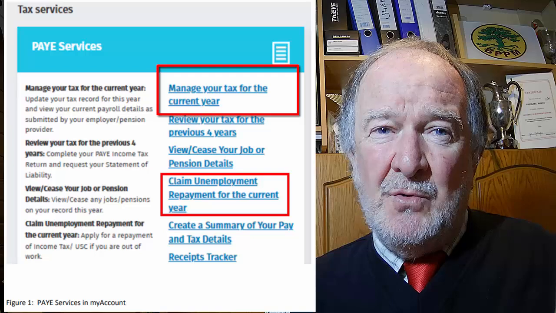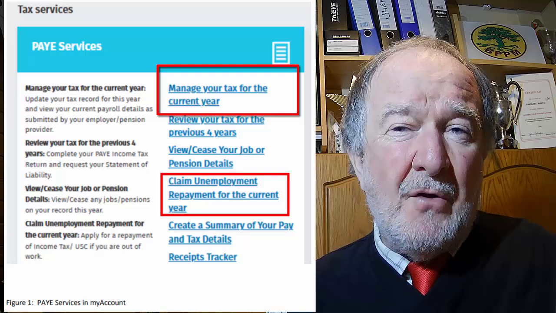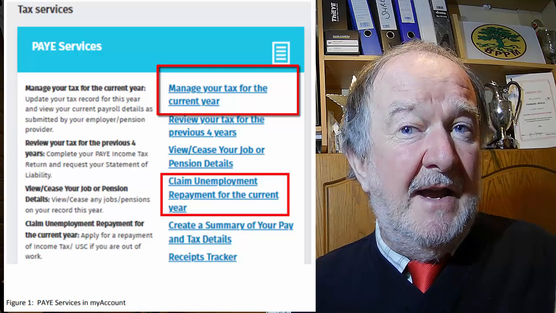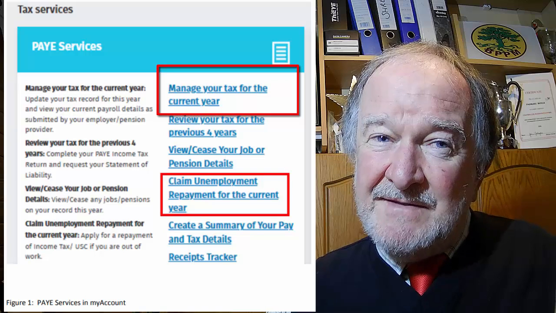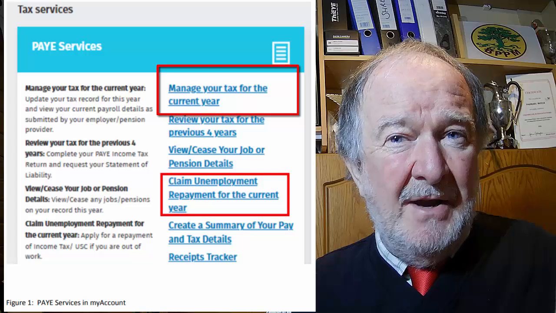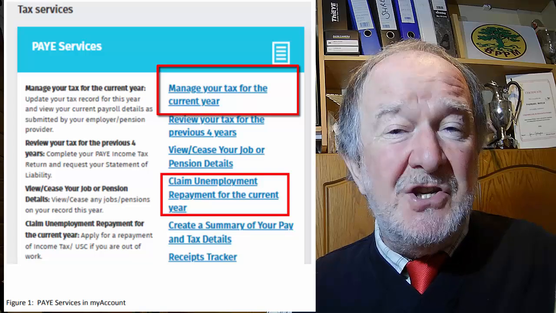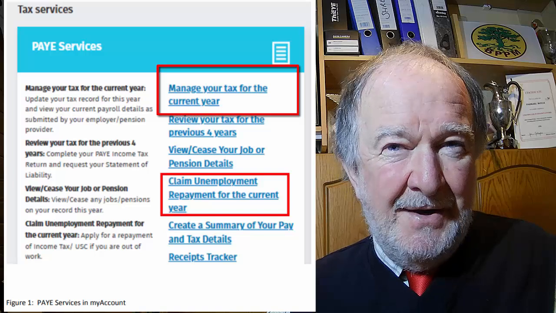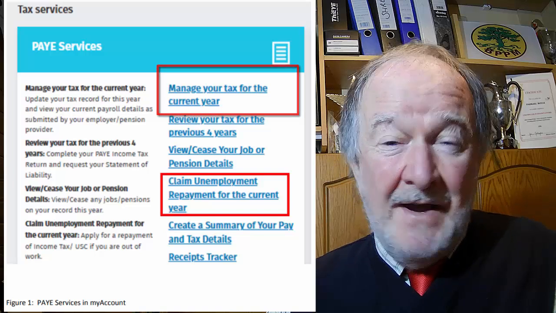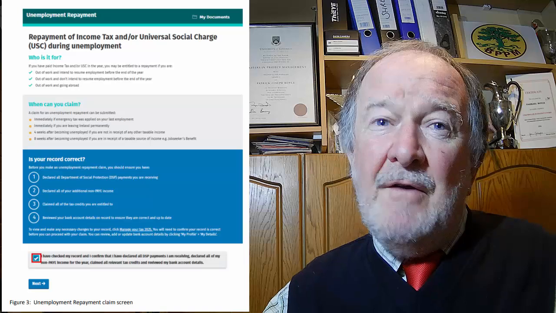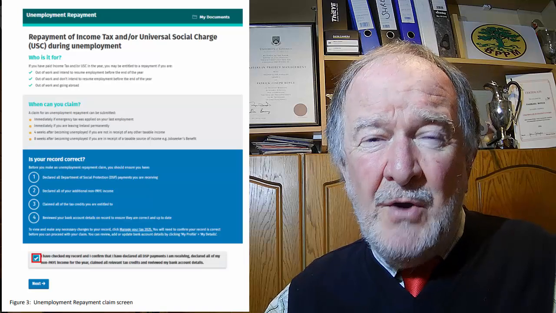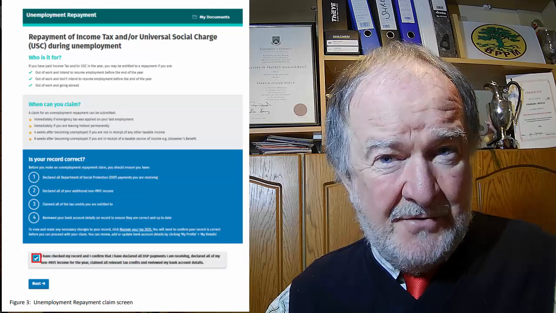You will be shown an overview of your current year details and can make any necessary adjustments. For instance, declare non-PAYE income or claim additional tax credits. You can proceed when you confirm you have checked your record. Figure 3 here shows the unemployment repayment claim screen.